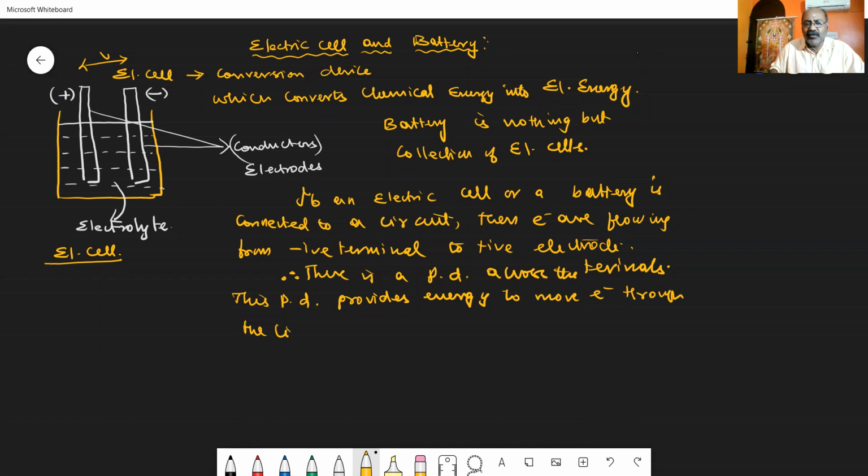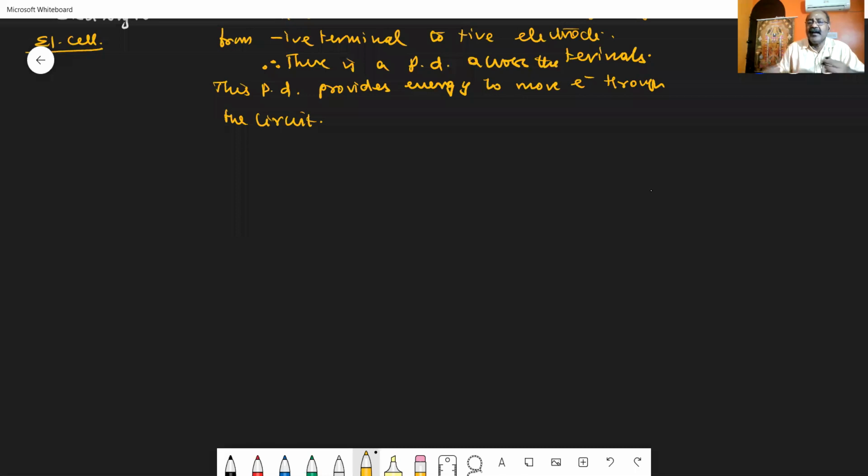If the electrons are moving through the circuit, it means there is a flow of electrical current. That is, in general, the introduction regarding electric cells.